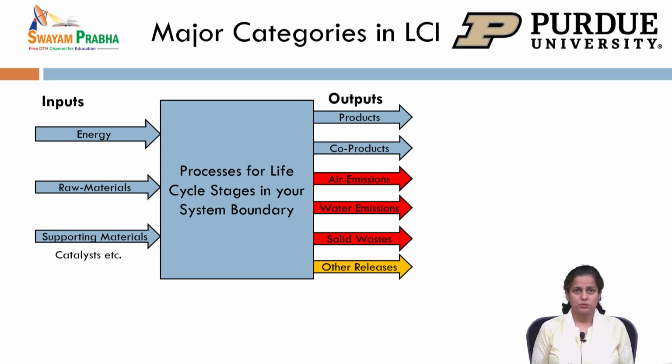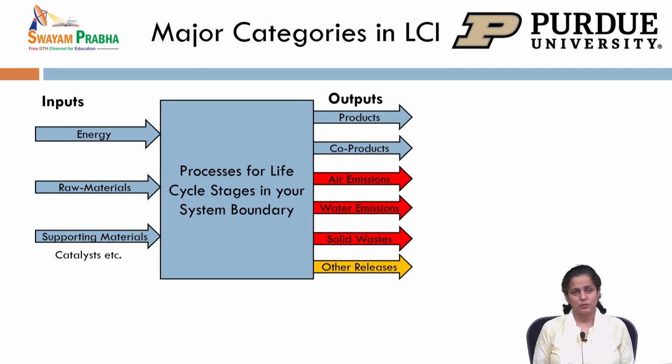In terms of outputs, we have products and co-products, which are the key output of your system or of your process. And then you have emissions such as air emissions, water emissions and solid waste, and there can be other releases. Other releases could be scrap that is not actually a waste, that can be recycled, but it is released from the process.